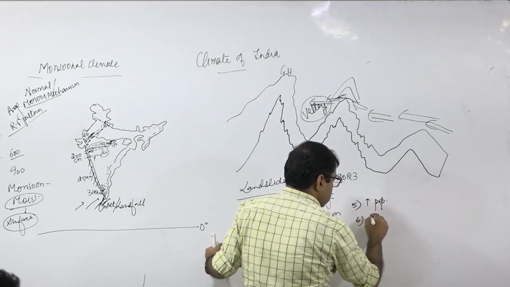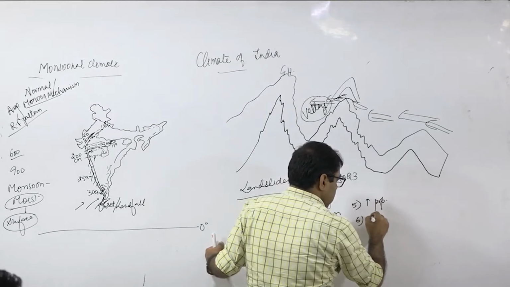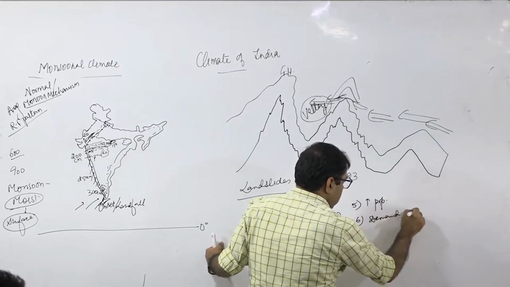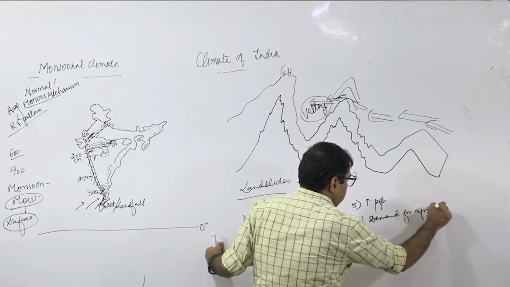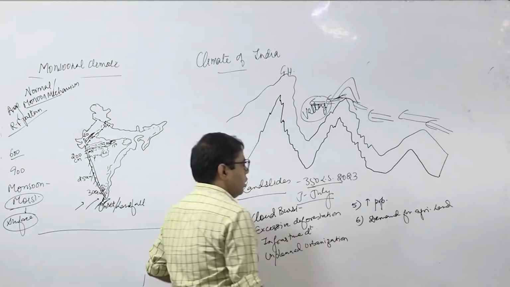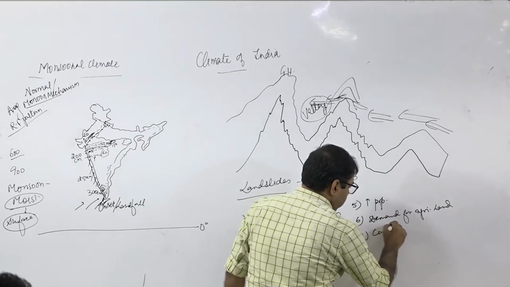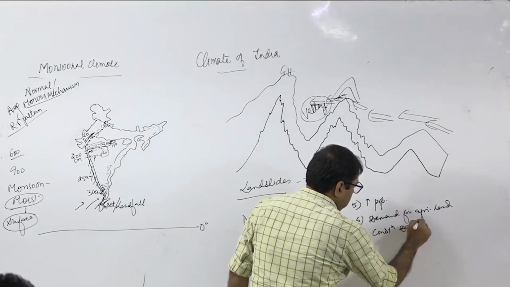Number six is the demand for agricultural land, right? Then construction of dams.